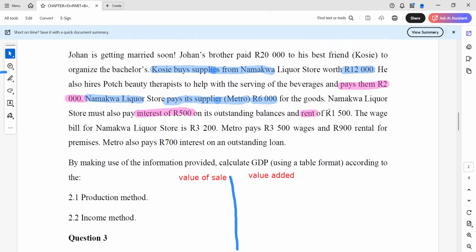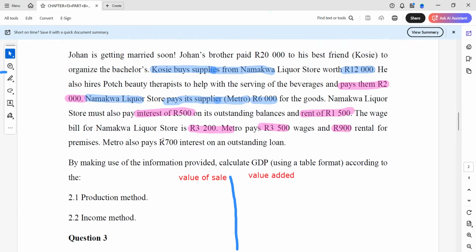So this is also the income method. The wage bill is also the income method. Wage bill for Namakwa Liquor Store is 3,200. Metro pays 3,500 for wages. This is also the income method, and 900 rental.